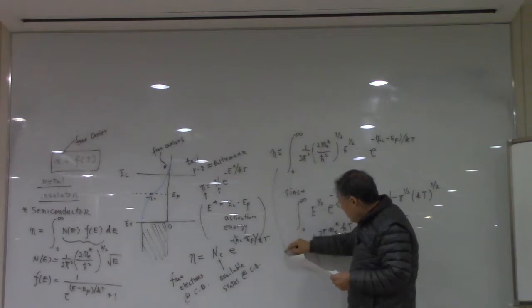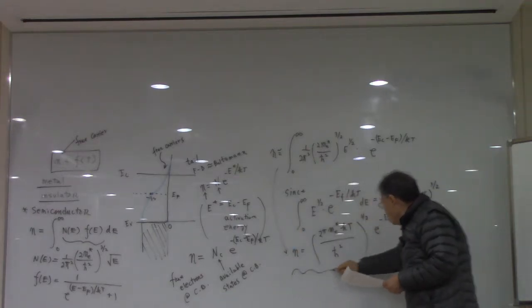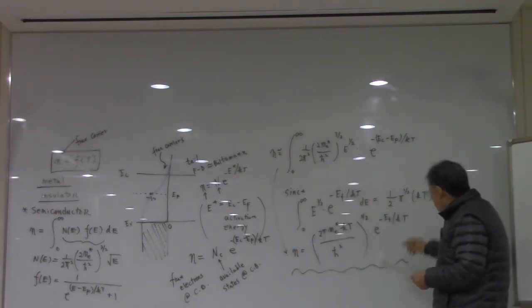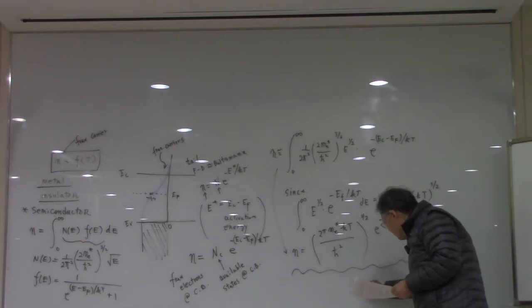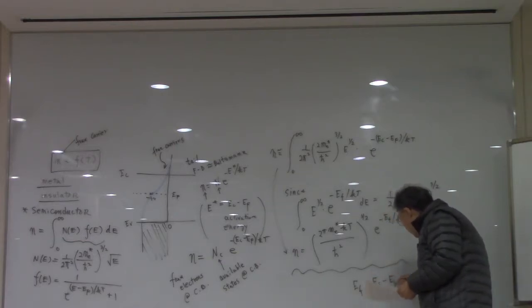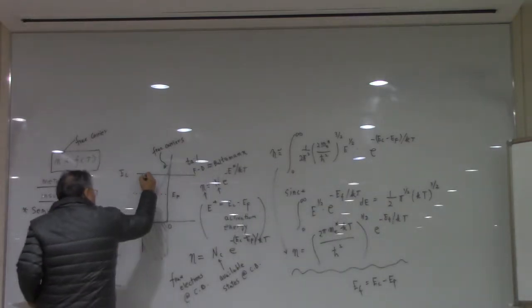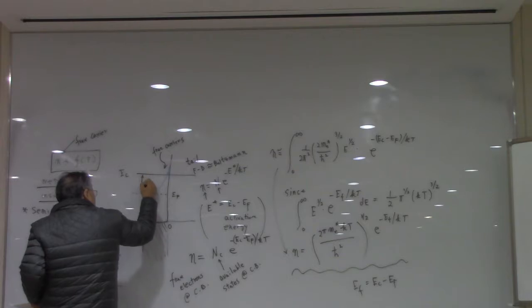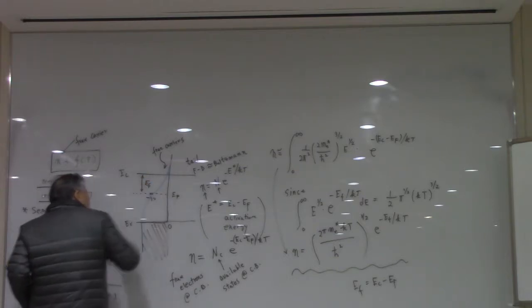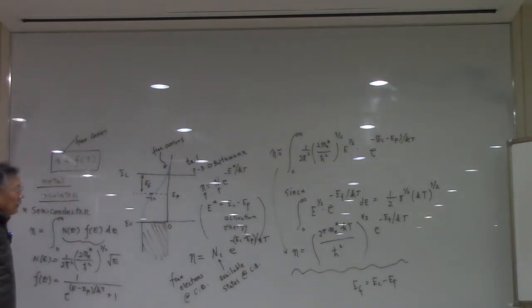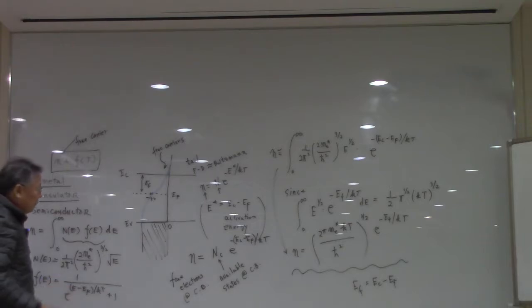From here, you can get this equation. Here E_a is E_C minus E_F. In other words, this distance is going to be called E_a. All right?